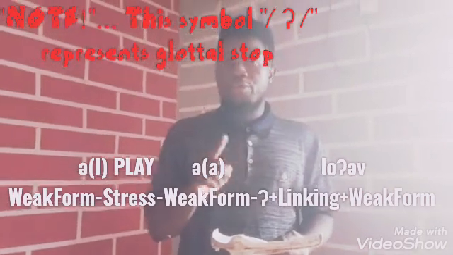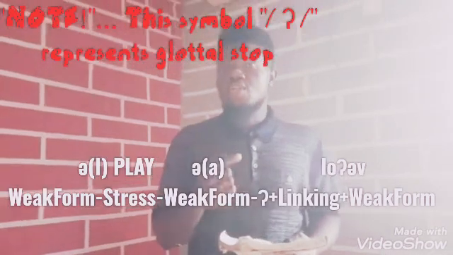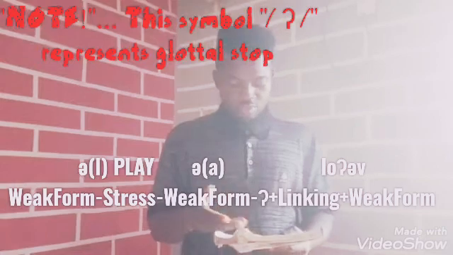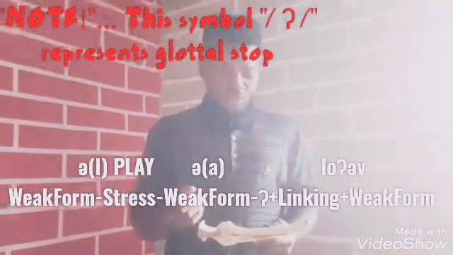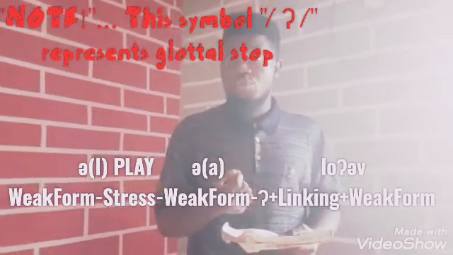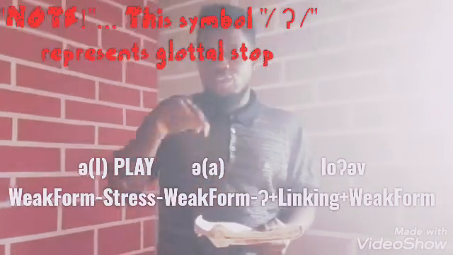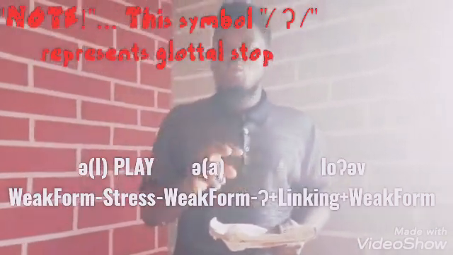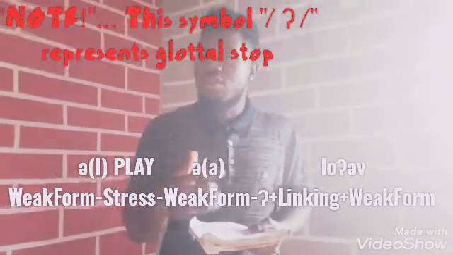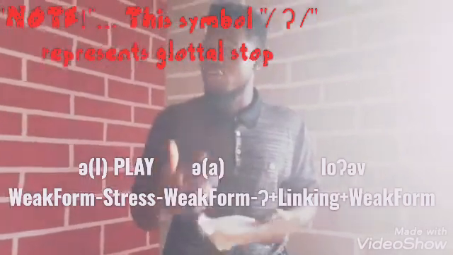Now this word L-O-T, I said lot, and not lots. So I glottalized that word. When you glottalize a word, you replace the sound of T from that word with a short pause when you get to that T. And when you want to glottalize, please start with one syllable, monosyllabic words first.